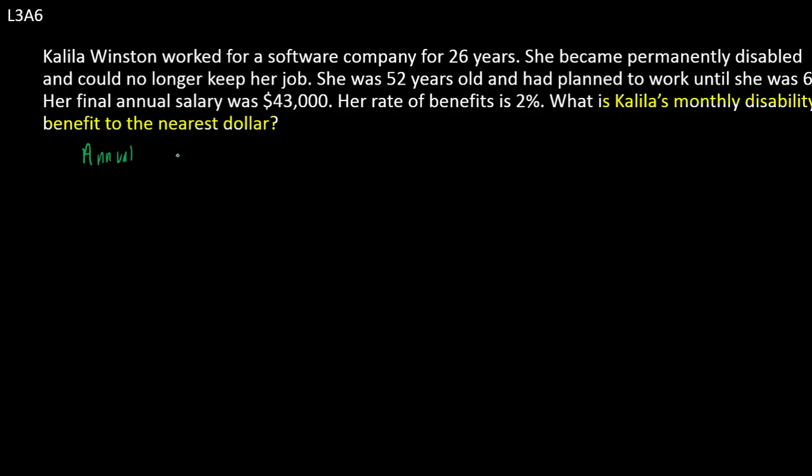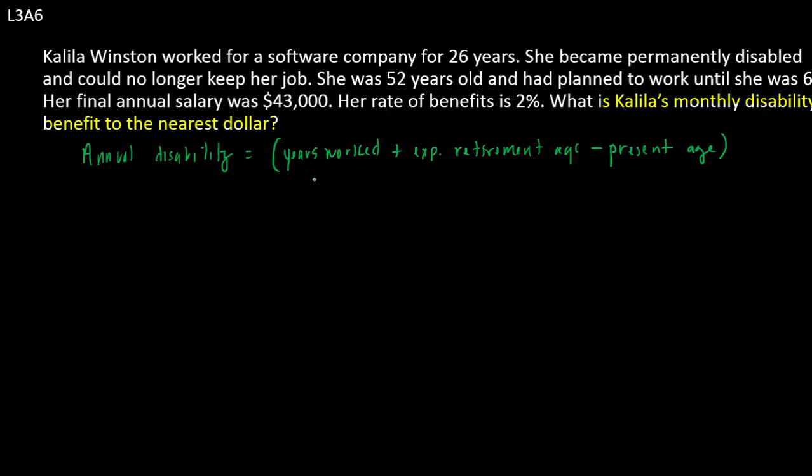Annual disability benefit is equal to the years worked plus expected retirement age minus present age, so when she actually retired, all of that multiplied by her rate, multiplied by her final average salary.